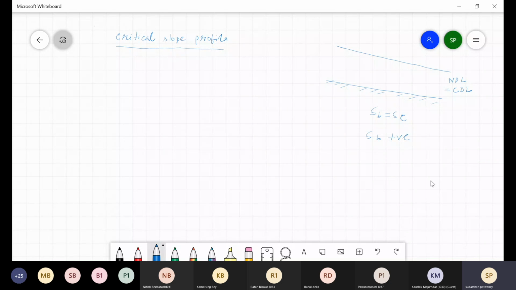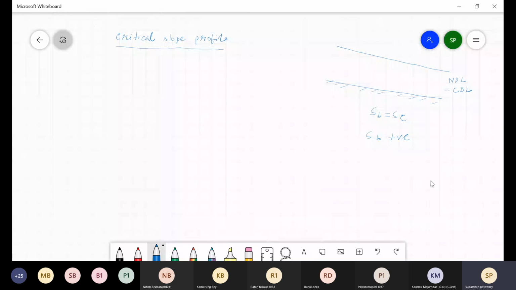So which zone is absent here? Sir, zone 2. Zone 2, yes. Because between CDL and NDL, there will not be any profile, isn't it?